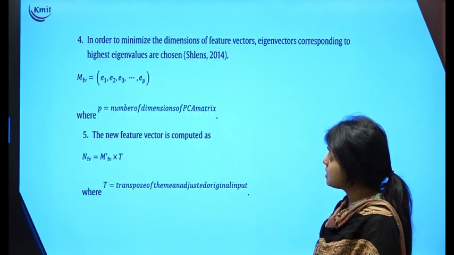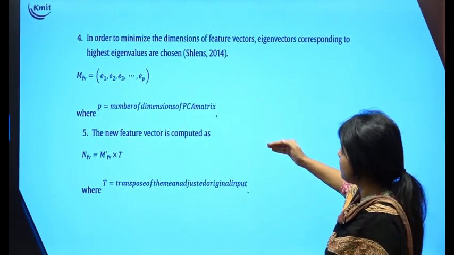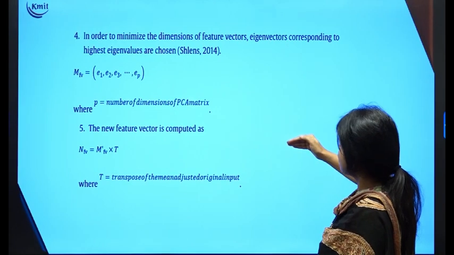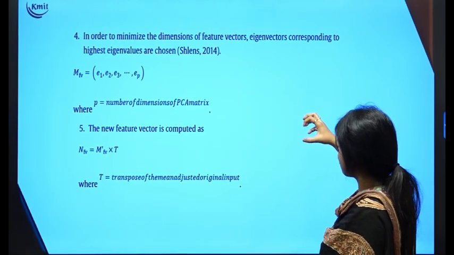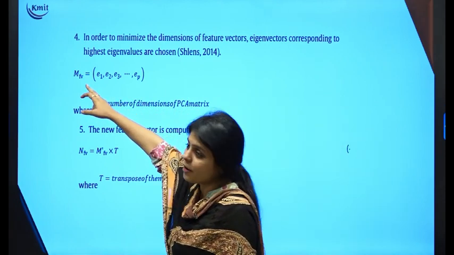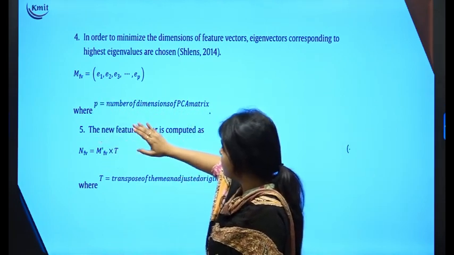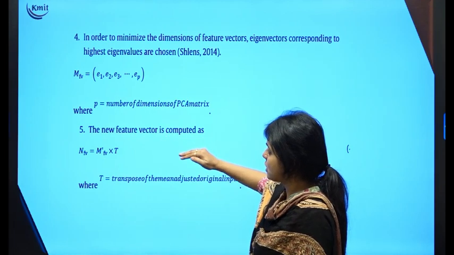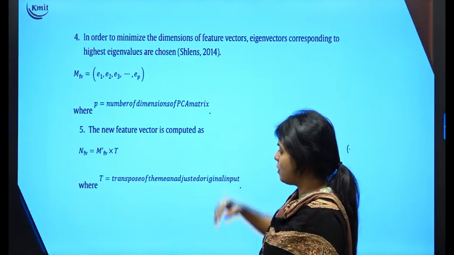That is the third step. In the fourth step, in order to minimize the dimension of the given features, I choose only the ones which are contributing, so I minimize the feature vector. FV stands for feature vector, and finally I have the new feature vector, which is computed based on the above calculations.